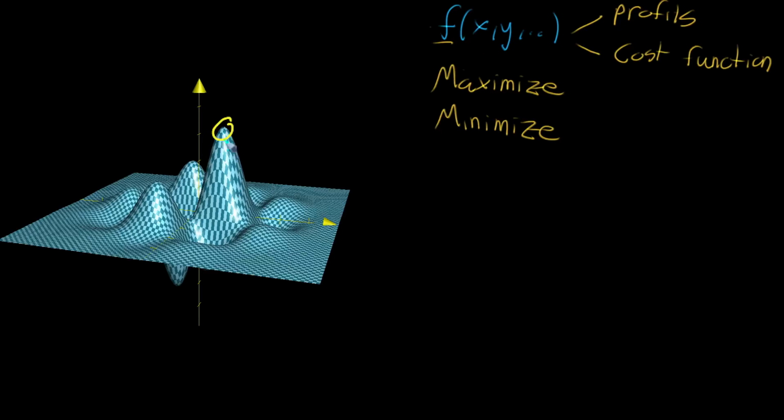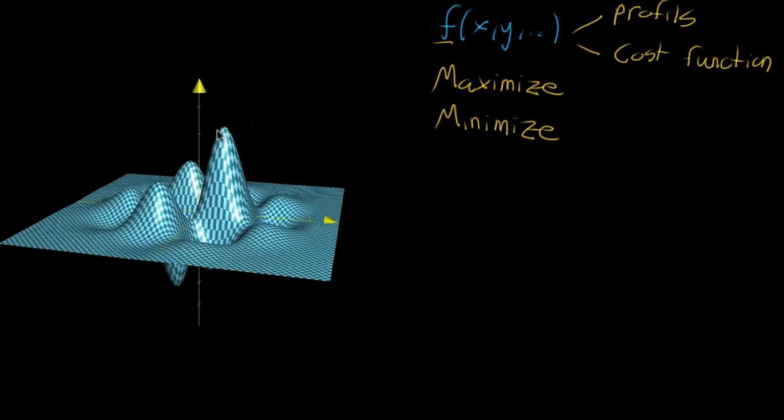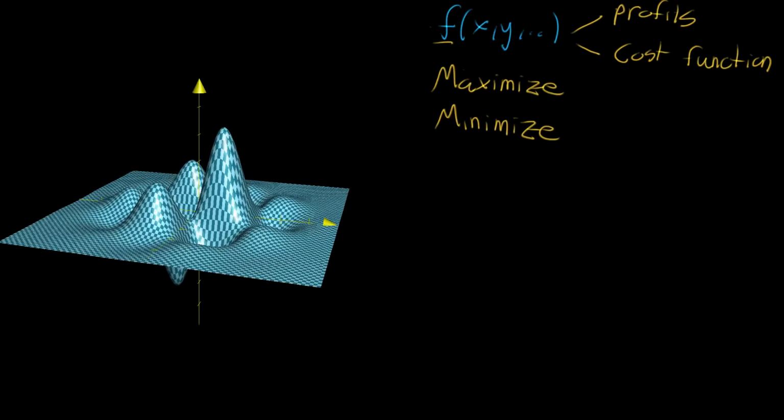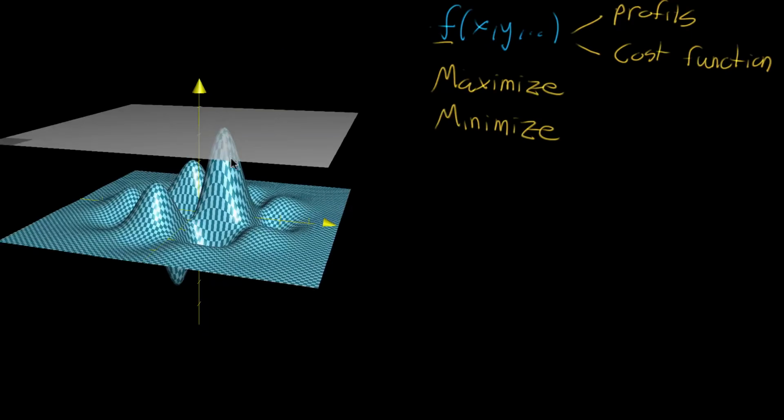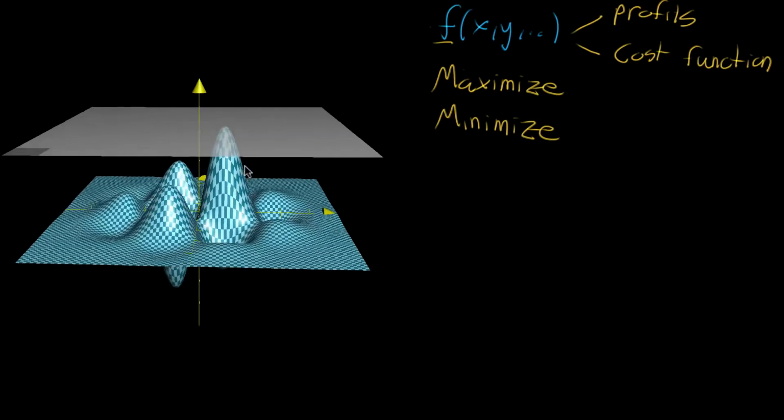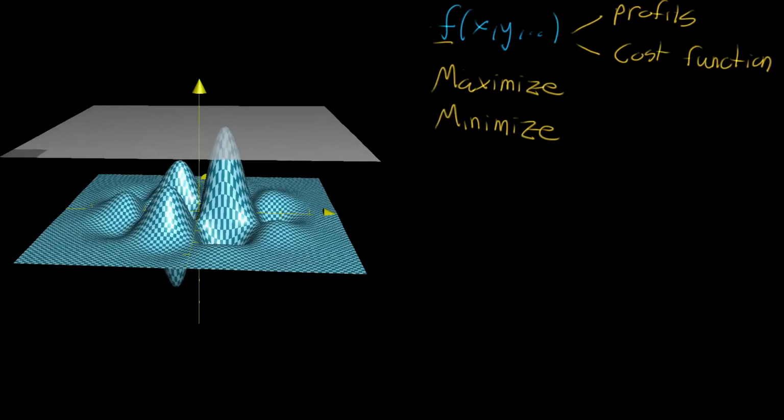So how do you go about finding that? Well, this is perhaps the core observation in calculus, not just multivariable calculus. This is similar in the single variable world, and there's similarities in other settings. But the core observation is that if you take a tangent plane at that peak, so let's just draw in a tangent plane at that peak, it's going to be completely flat. But let's say you did this at a different point, right?